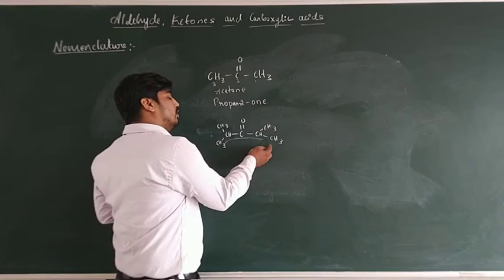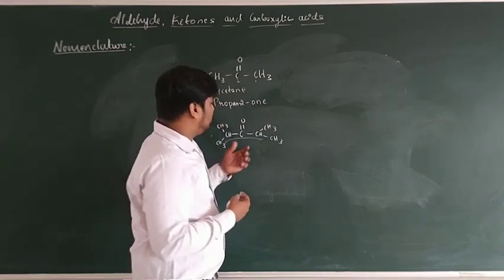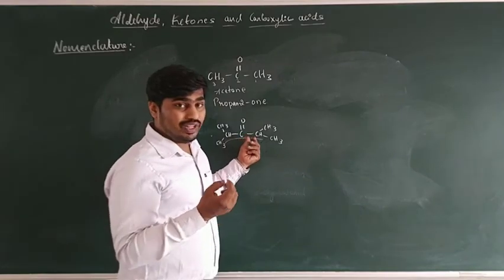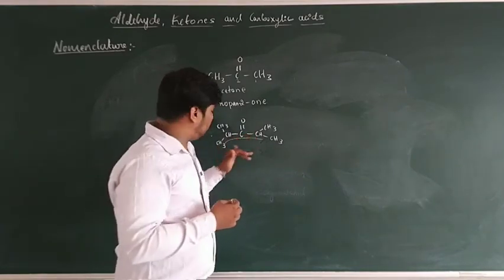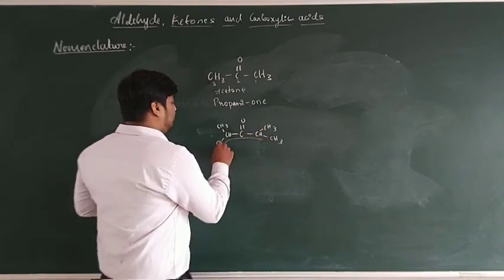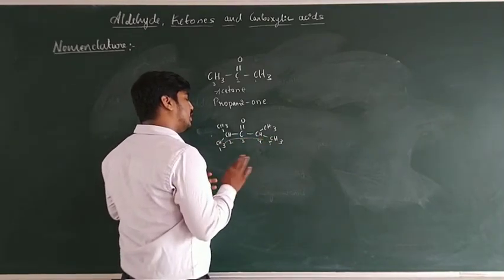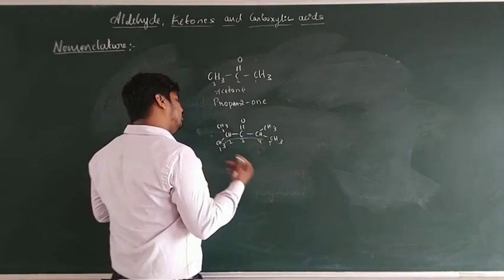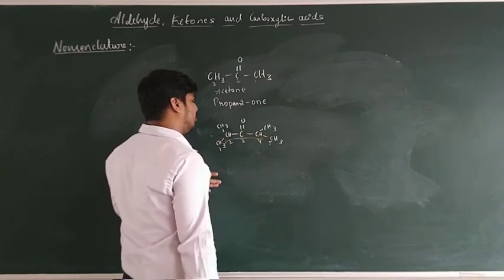For numbering, suppose we number from right to left, then the ketonic carbon gets number 3. And if we move from left to right, again 3. Both ways are correct. Therefore 1, 2, 3, 4, 5, this is the correct way, and you can number in this way also. All ways are correct.